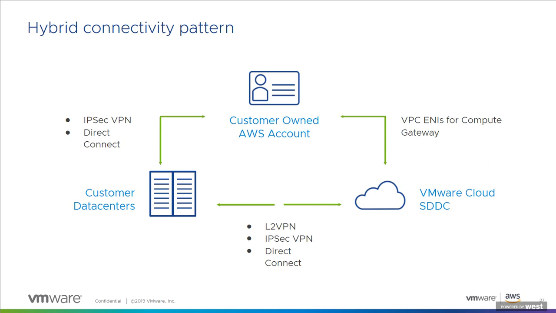We can leverage what we call a layer 2 VPN for stretching the network from on-prem into VMware Cloud. Or once again, we can also utilize Direct Connect. And then between the customer's AWS account and the VMware Cloud SDDC, that's where we utilize the ENIs to send traffic directly between the two environments.